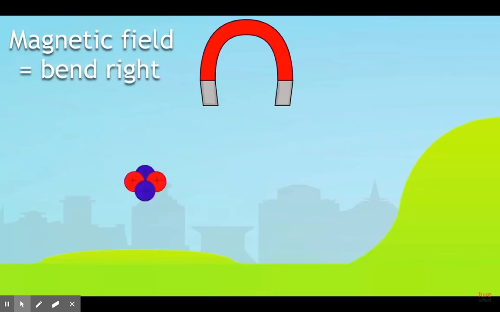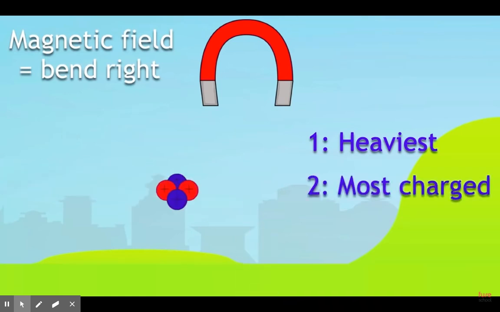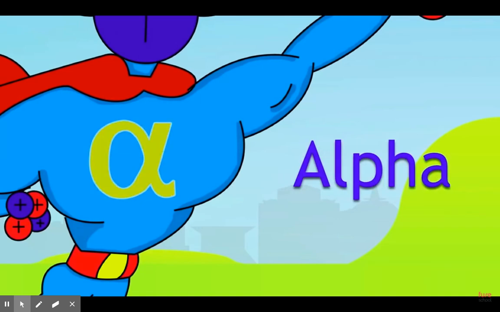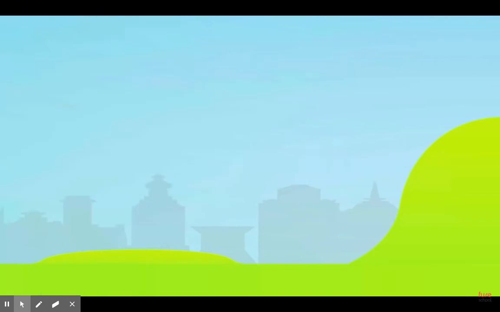One, that it's the heaviest of the radioactive particles, and two, it's the most heavily charged type of radiation. The symbol for alpha is this, the Greek letter alpha. It's not very penetrating. That means if it actually hits something, it stops. Penetrating tells you how far it can get through things.